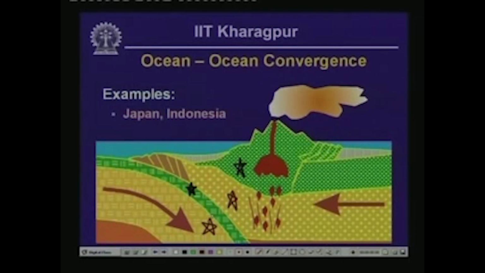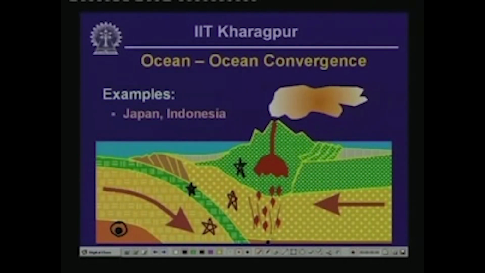The units that are marked with a star represent the lithosphere, and the orange shading underneath the lithosphere, like this one here, represents the asthenosphere.